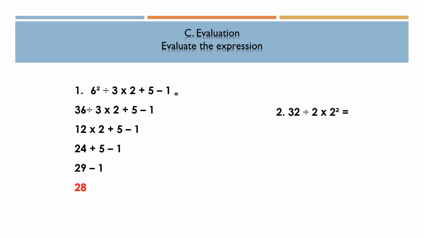Let's evaluate and check your answer. 32 divided by 2 times 4. 32 divided by 2 equals 16 times 4. Perform the multiplication. So your answer will be 64.